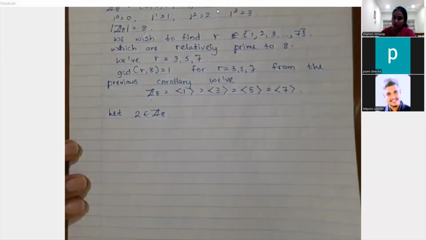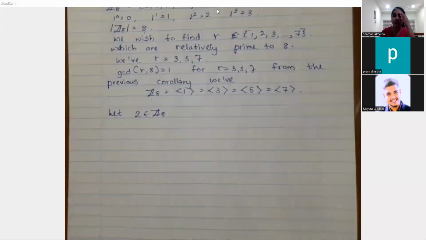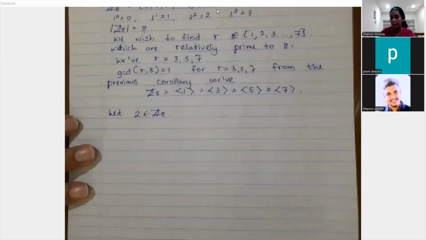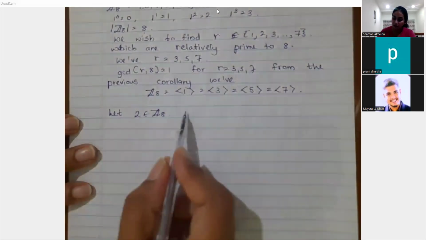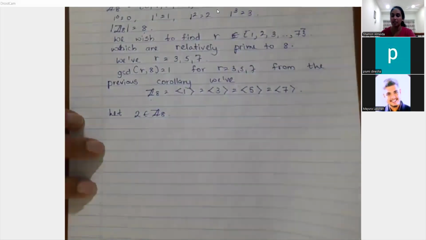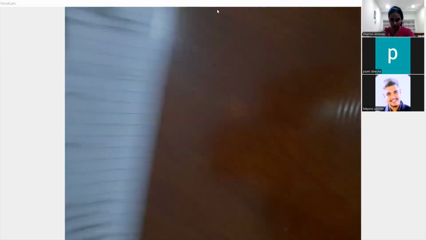Order of the subgroup generated by 2. How do we find the order of the subgroup? You can definitely list down the elements and get it, but I think we did it just now, the example also. Did we not?